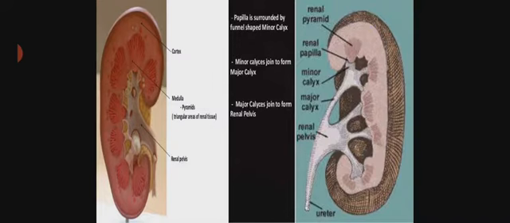And in the medulla region you will see a number of triangular shaped projections called renal pyramids, and there will be renal papillae, and there will be minor calyces and major calyces, and there is a broad region called renal pelvis, from where that fine tube called ureter arises. So this ureter is the one which collects away the urine produced by that respective kidney.